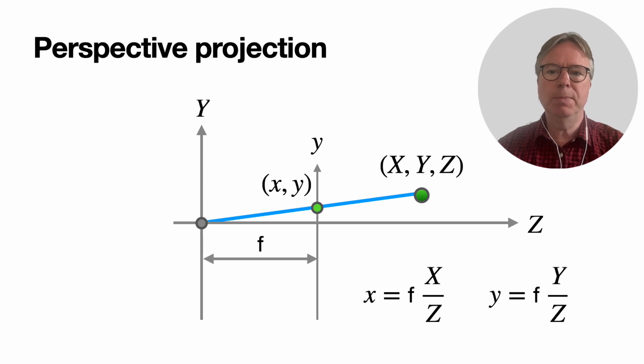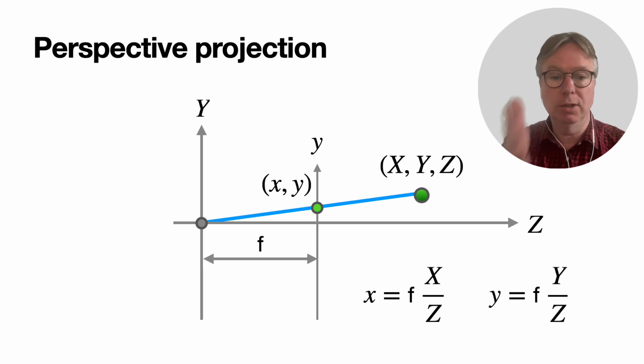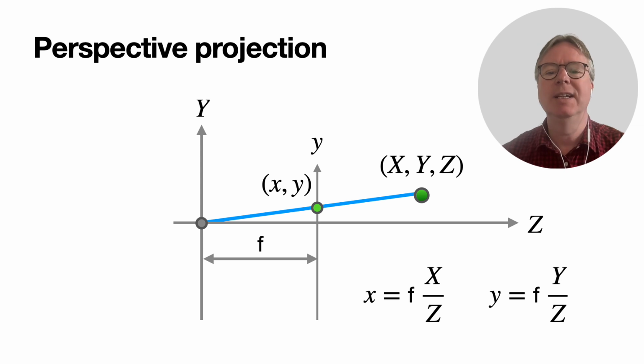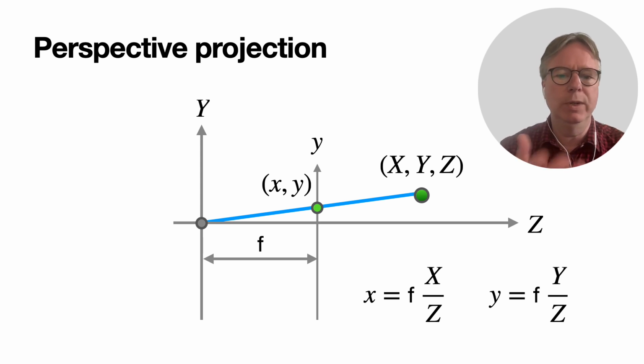So let's go back to a perspective projection. We have a point in 3D, X, Y, Z, and it projects on an image plane, and then you get a coordinate x, y, and here we get the formulas.